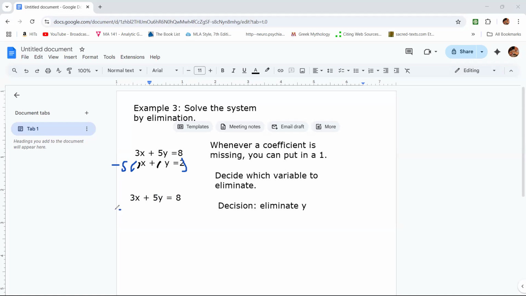That's going to give me -5x. -5 times +1 is -5y. -5 times 2 is -10. So there's my new equation.